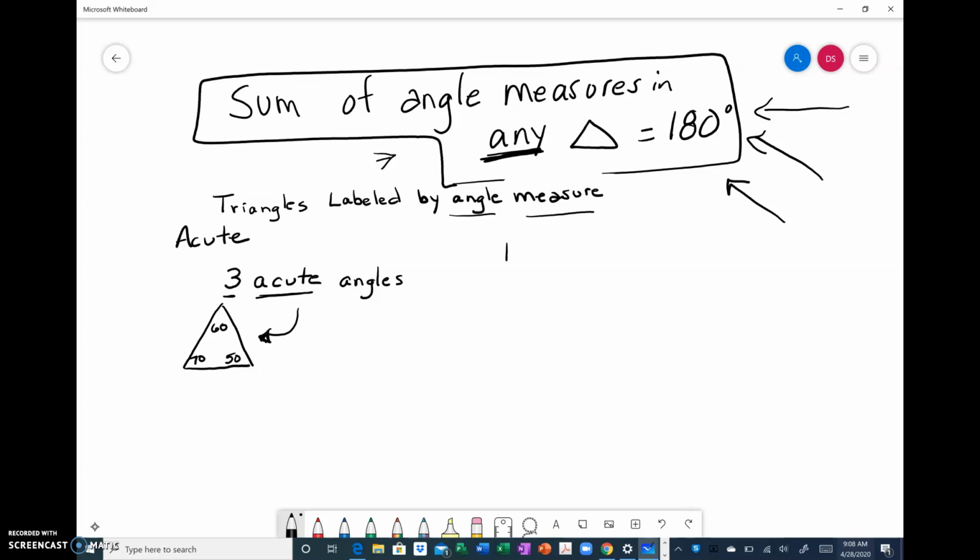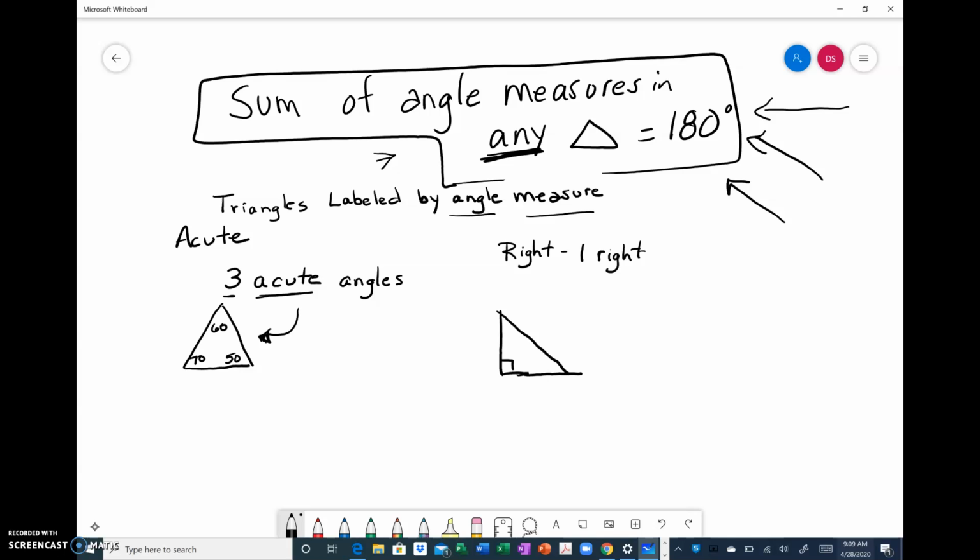The second type is a right triangle, and you will see the definition is that it has to have 1 right angle in it. Can it have more than 1? No. If it had 2 right angles, it could not be a triangle, right? There's no way to make that a triangle. And based on our rule that the sum of angle measures has to equal 180, we can only have 1 90-degree angle, okay?